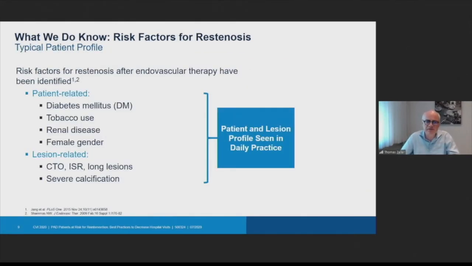Basically, we have some patient-related and lesion-related predictors, which we believe may predict high risk for restenosis, which is, for example, diabetes mellitus and renal disease as patient-related. Then, of course, lesion-related, it's long lesions, ISR, severe calcification.